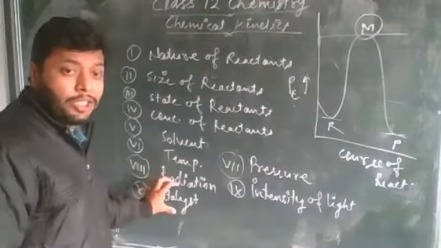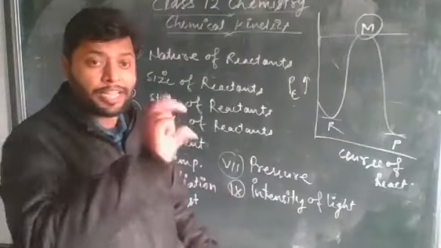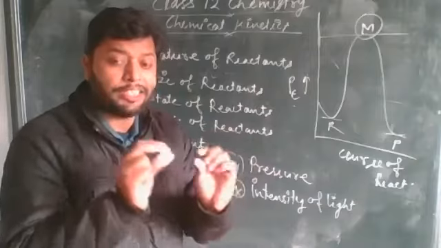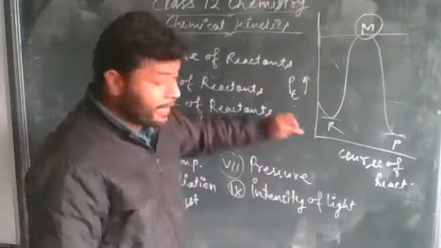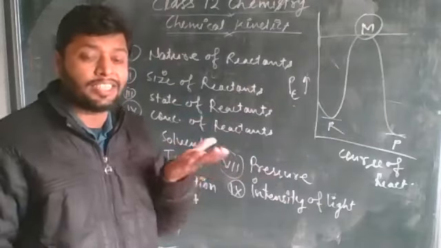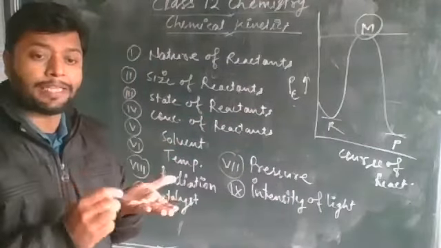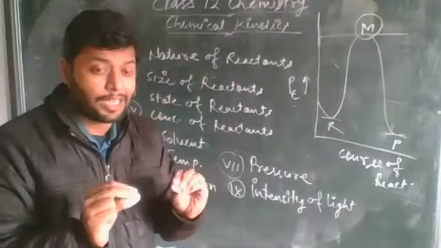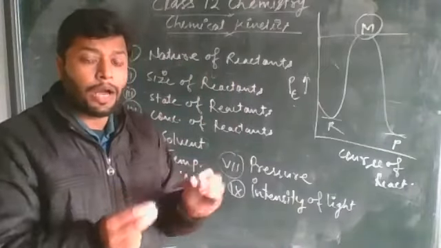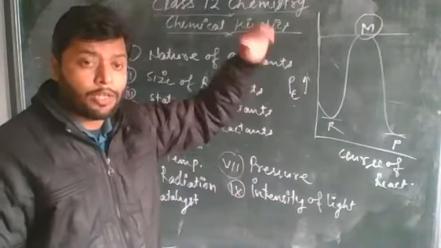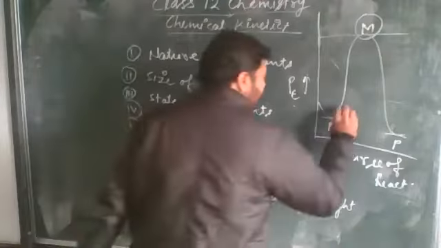Actually, the catalyst has the role of changing the energy path. To change the energy path means that when we use the catalyst, it provides a surface for the reactant molecules, and the reactant molecules adsorb on the surface of the catalyst. That will give a smaller energy path and that energy barrier will decrease.